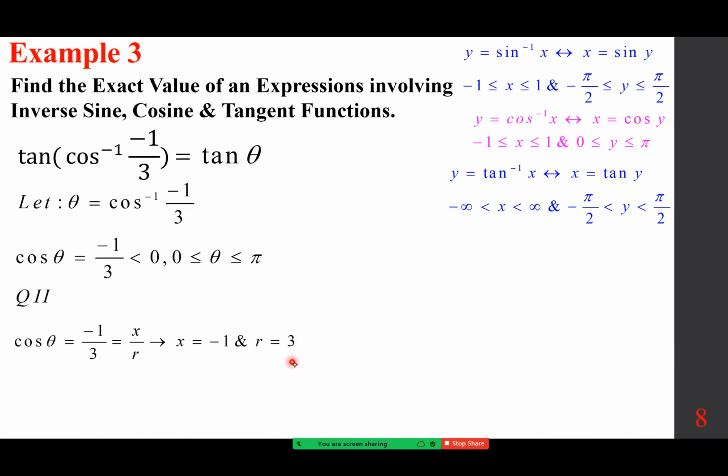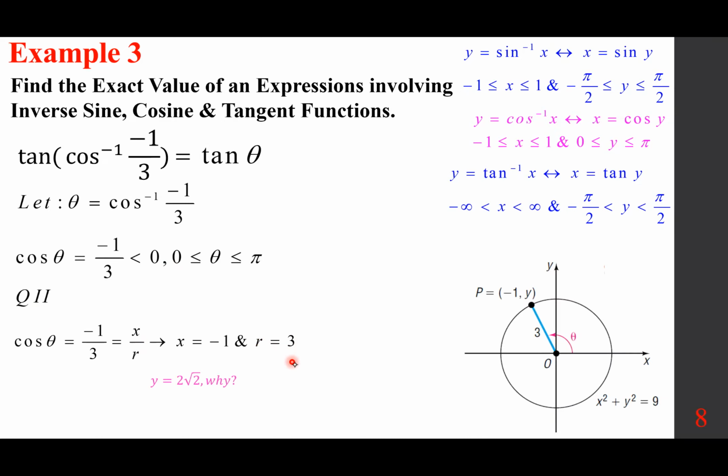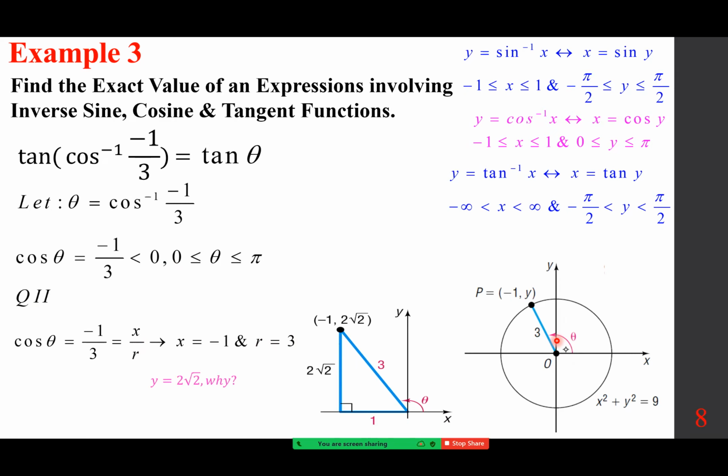In the second quadrant, x is negative. And so what is the value of y? You can calculate it again, you get 2 square root of 2. If you look at this one, this is the location, negative 1, y, here's r, and we can show it this way.